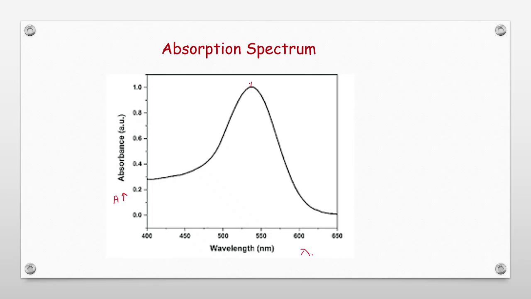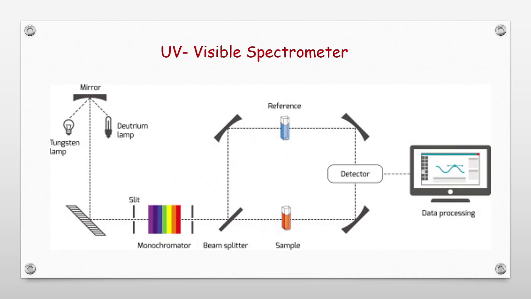And this is the maxima of the peak, and the wavelength corresponding to the maxima is called the lambda max. So the wavelength corresponding to the maximum absorbance is called the lambda max. This wavelength of maximum absorption, lambda max, is reported in chemical literature.